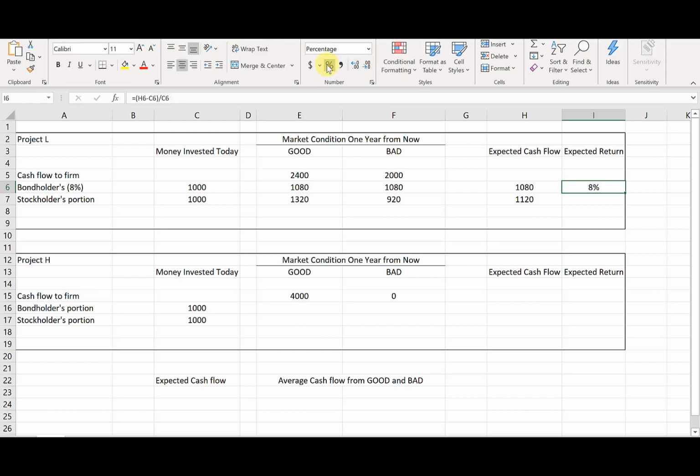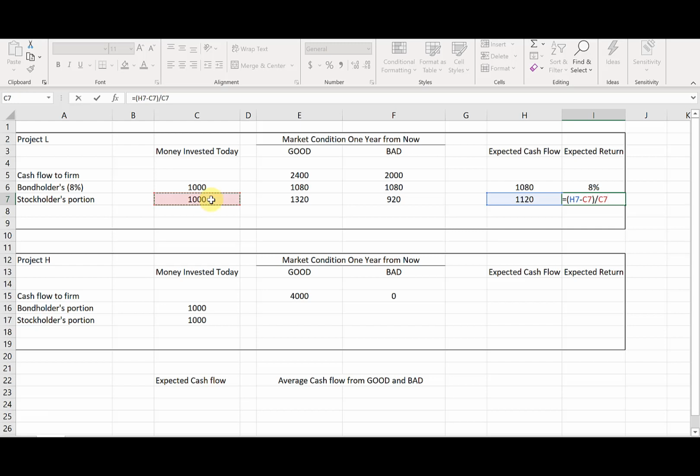We can change this to a percentage so we can see the actual percentage number. There you go. So bondholders in this project are expecting 8% return, whereas stockholders, let's see, they're expecting 1,120. Put your parentheses so you are doing the calculation correctly, minus their initial investment of 1,000 divided by the initial investment of 1,000, right?